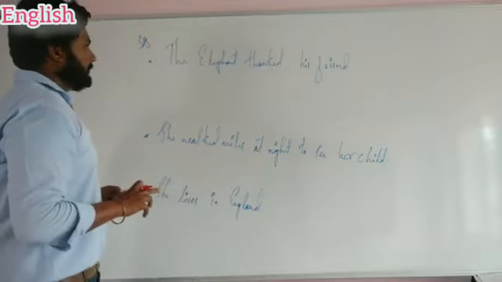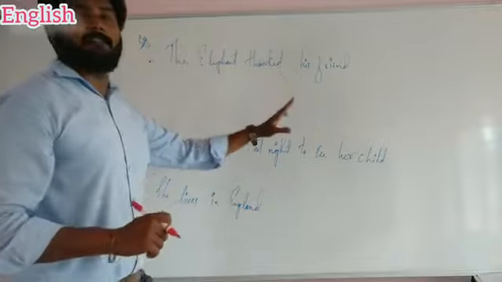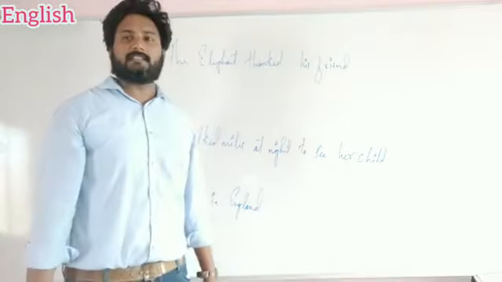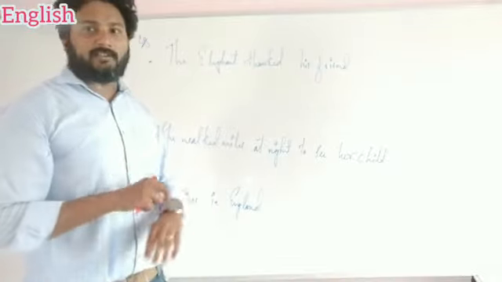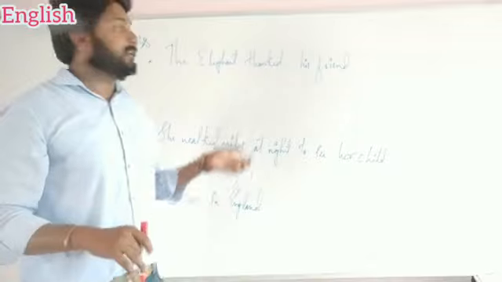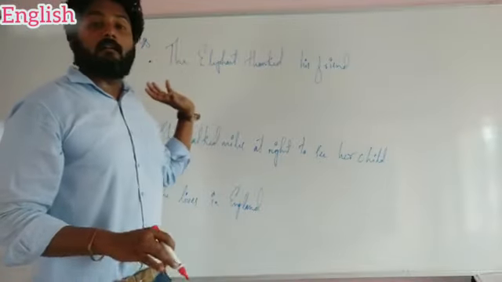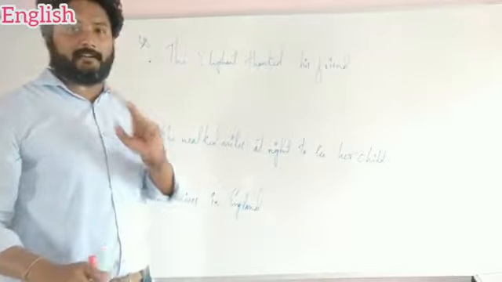See, the first sentence: the elephant thanked his friend. Okay, this is the statement. We should confirm that. Turn the pages and see the chart I gave, and first consider in which tense this statement is.